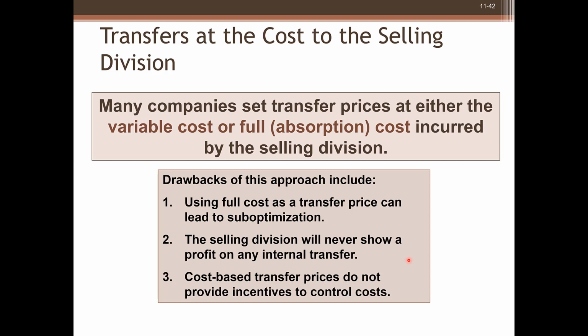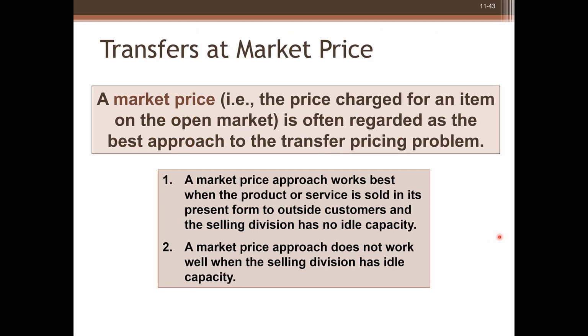The only division which shows a profit is the division that makes the final sale to an outside party. Third, cost-based transfer prices do not provide incentives to control costs. If the actual costs of one division are passed on to the next, there is little incentive for anyone to work on reducing costs.